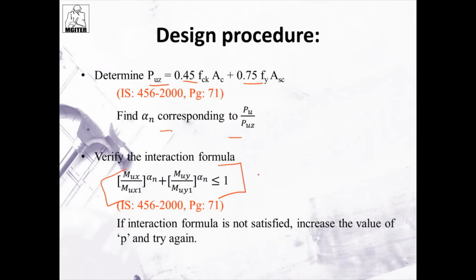By this interaction formula, if it is satisfied, your column design is safe.